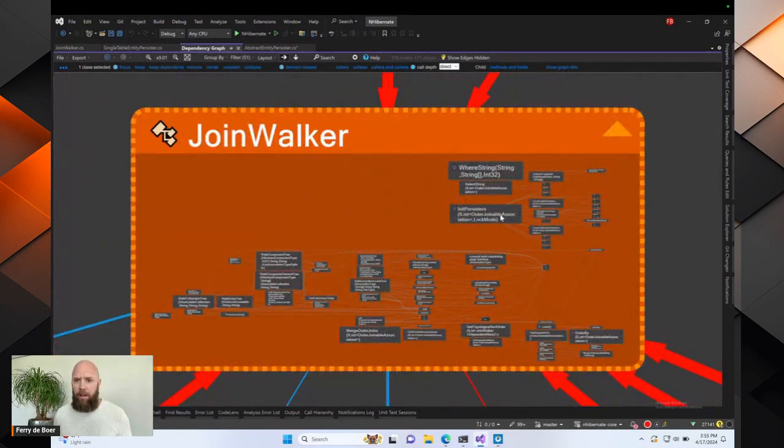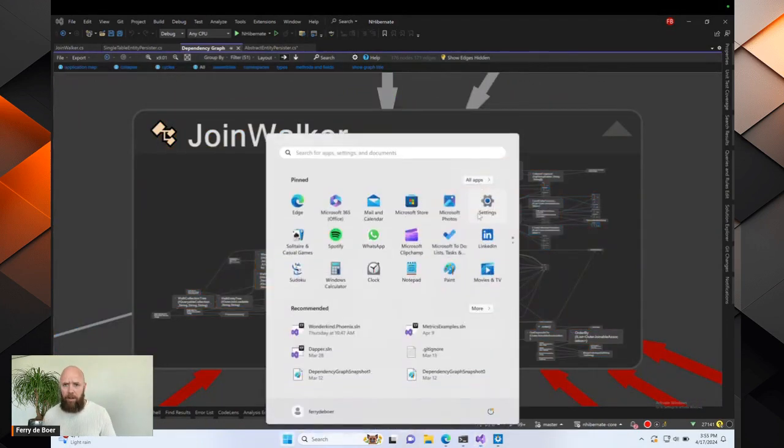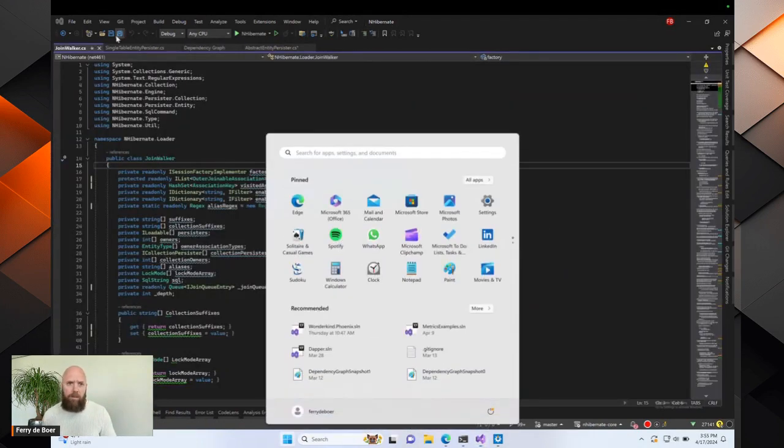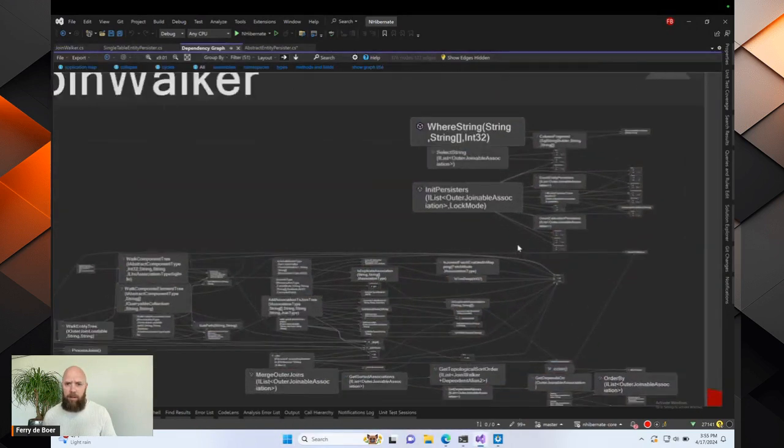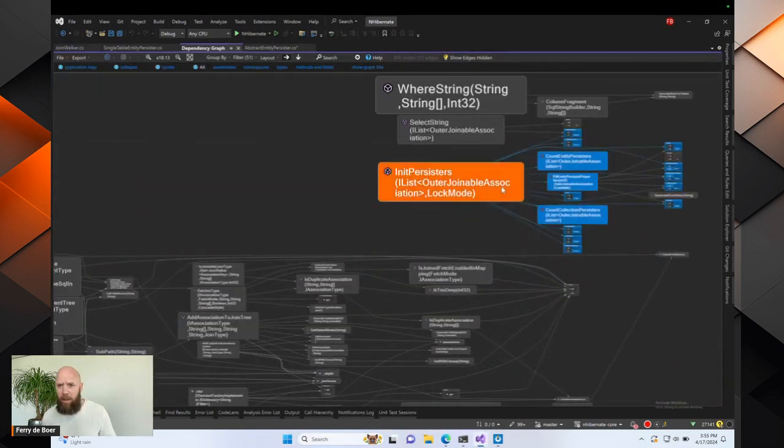Here I can clearly see, I don't know how clear you can see it, at least a separation of 2 graphs.